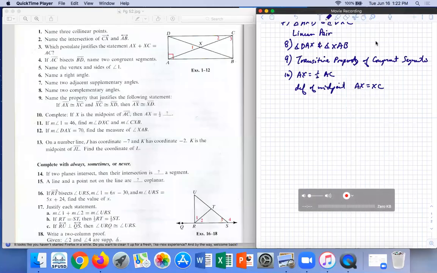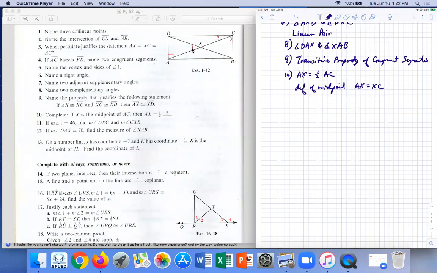Next. Okay, number 11. If measure angle 1 over here is 46, find measure angle DXC and find measure angle CXB. All right. So number 11, if measure angle 1 is 46 degrees, we know that measure angle 1 plus measure angle DXC form a linear pair, right?